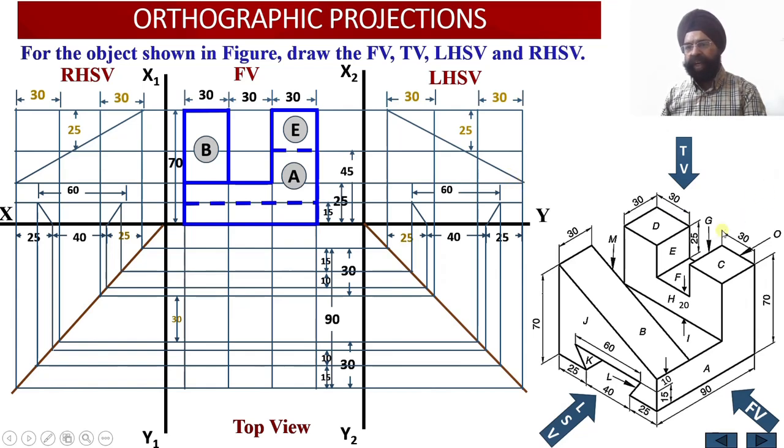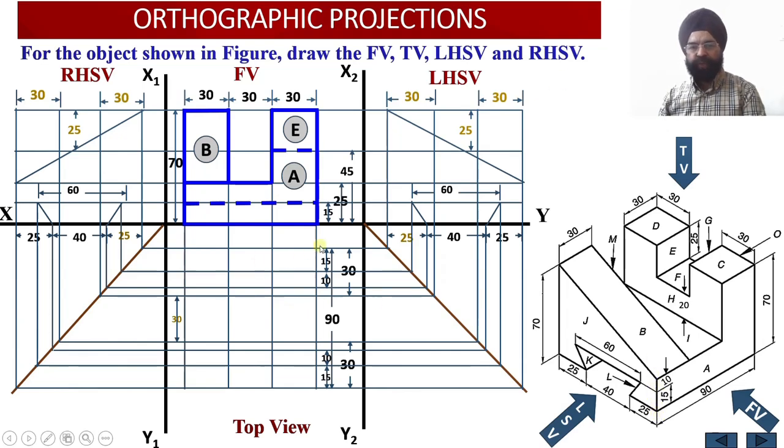Whereas when we look at the solid from the right hand side, we will find that at the rear edge this slope is highest. While we are looking from this side, this is my rear edge. Please check, this is my rear edge. So at the rear edge, the height of this particular face will be highest, and at the front edge the height of the surface B will be equal to 25 millimeter.